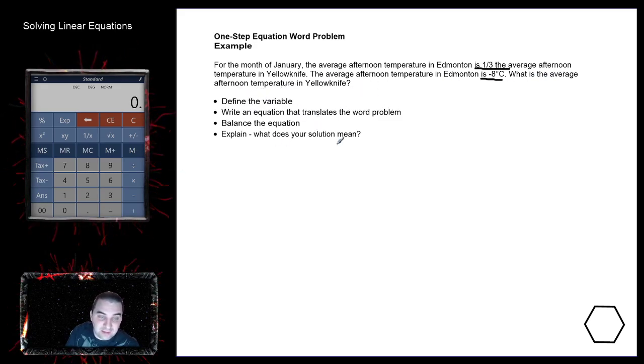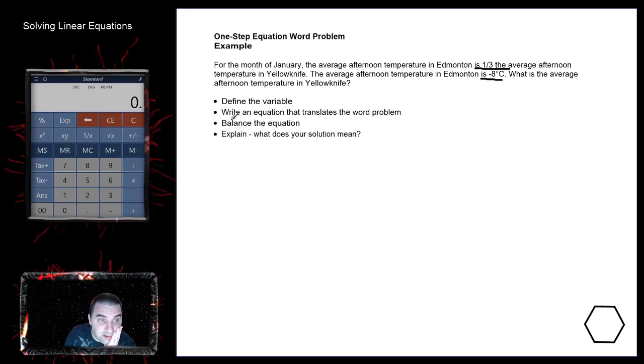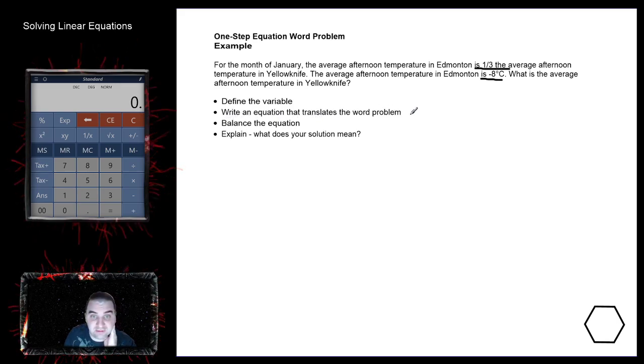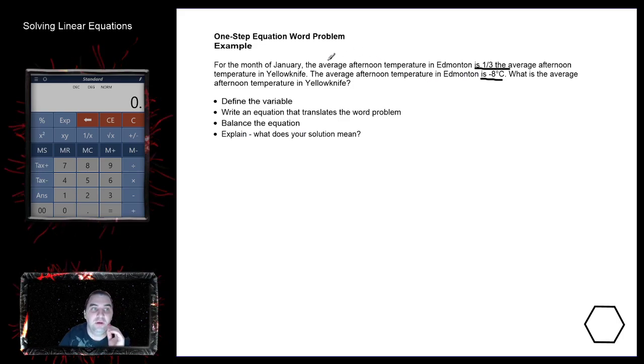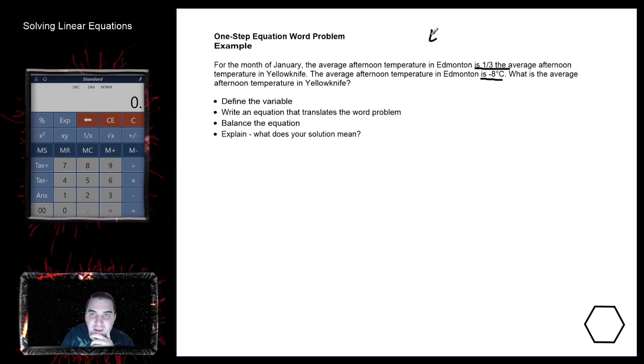So we're going to define the variable first. What is the variable that we need to work out? We need to write an equation that translates the word problem. So using those math words that we know, what are we trying to say? Then we balance the equation, and then we figure out what our solution means. Okay, so let's dissect this. Let's just say E means the temperature in Edmonton.